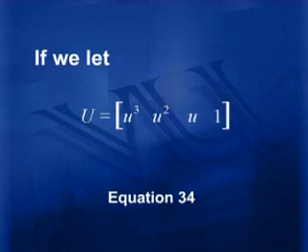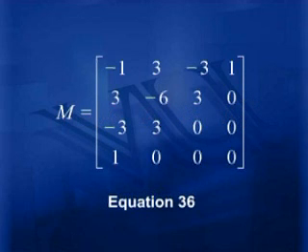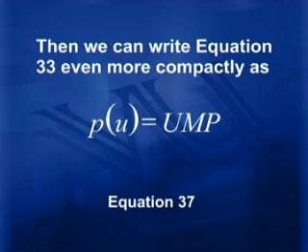Now if over here we let U be equal to that row matrix, u cubed, u squared, u and 1, and we replace P for the transpose of the row matrix P0, P1, P2, P3, and we place M for that 4 by 4 matrix of numeric values, then we can write equation 33 even more compactly as P of u equals UMP.